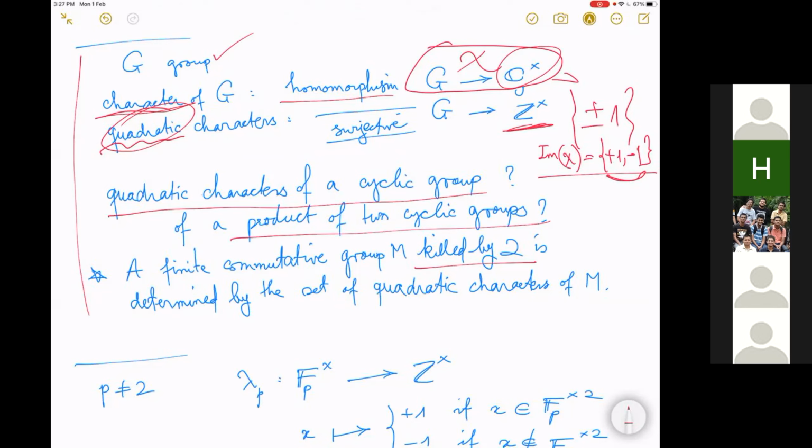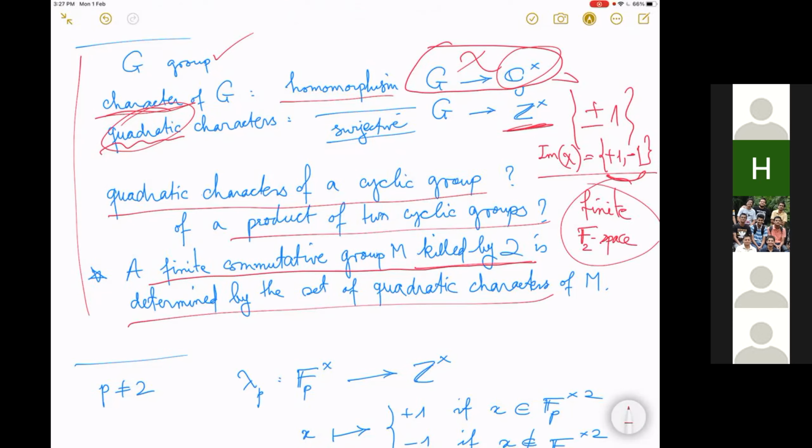Now, this is a small result, which says that if you have a finite commutative group which is killed by 2, so that's the same as saying that it's a vector space over F2, a finite F2 space, then it's determined by the set of quadratic characters of this group.